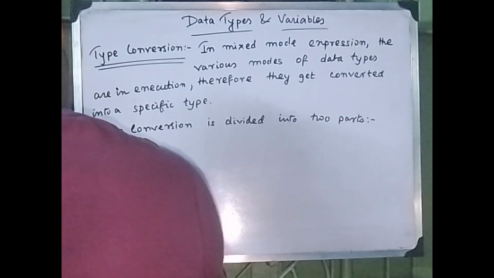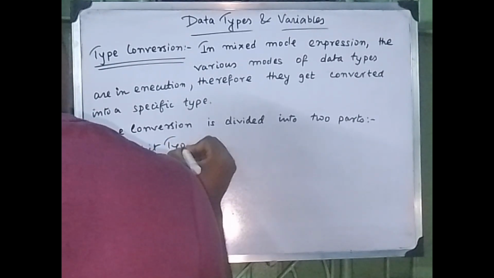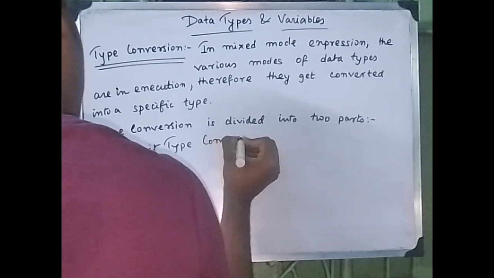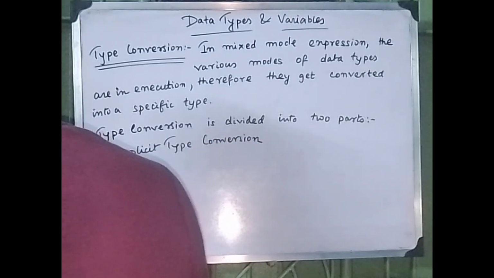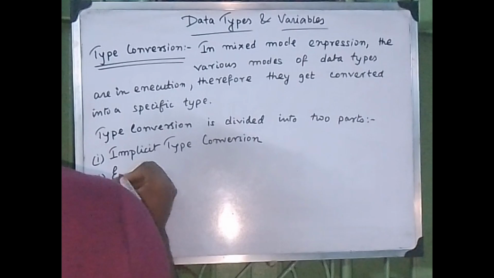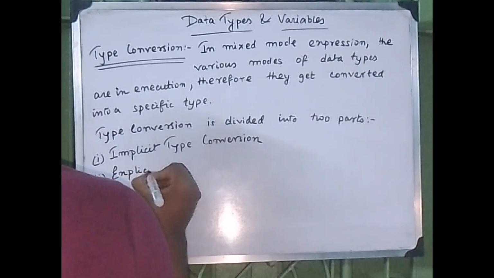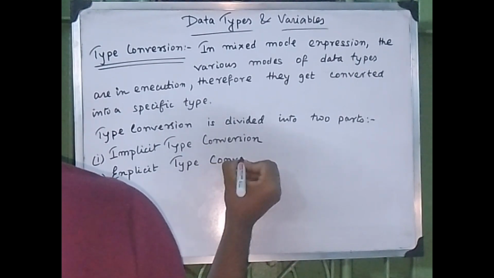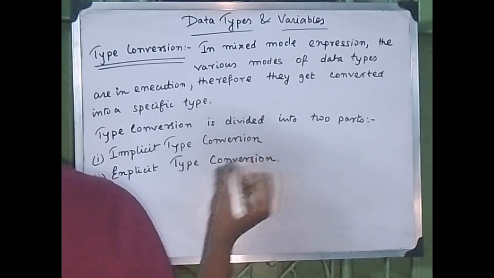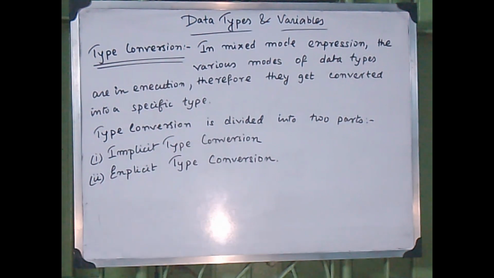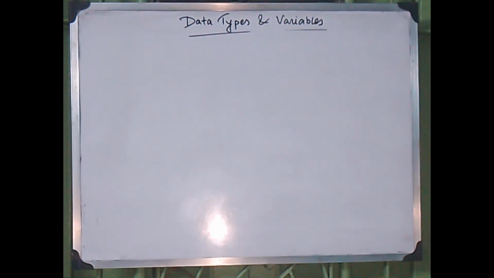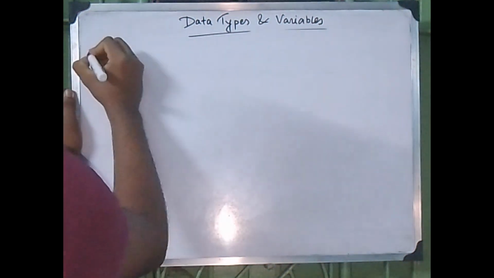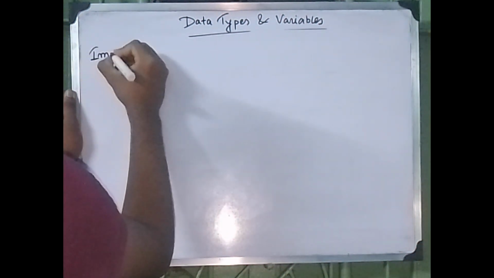That is, the first one is implicit type conversion and the second one is explicit type conversion. Now let's understand the difference between the two.